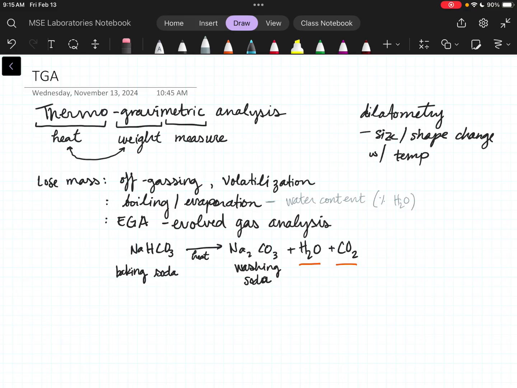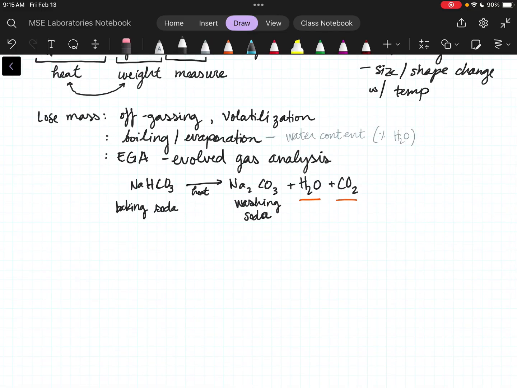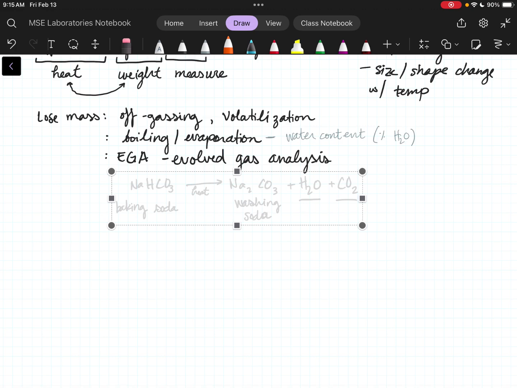It's fun to see something you can do in your kitchen at your house, something as simple and accessible as this, in a TGA. Very straightforward chemistry. Probably should change that to gray or something so it's not everything black. But anyway, a common use for evaporation, why we maybe would want to study boiling or evaporation, would be water content.